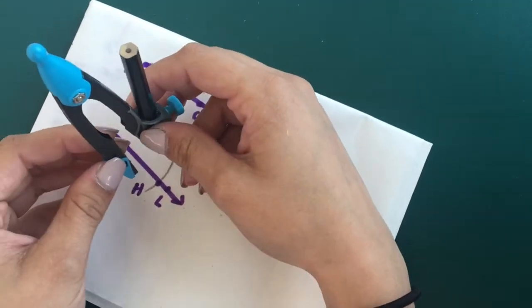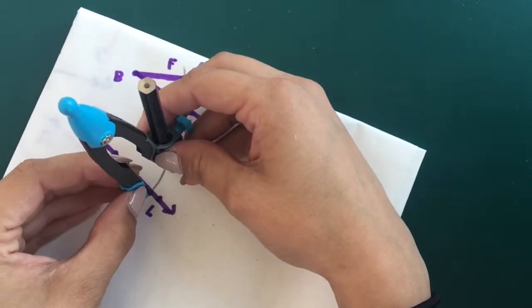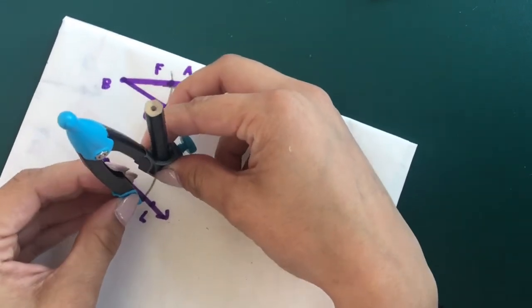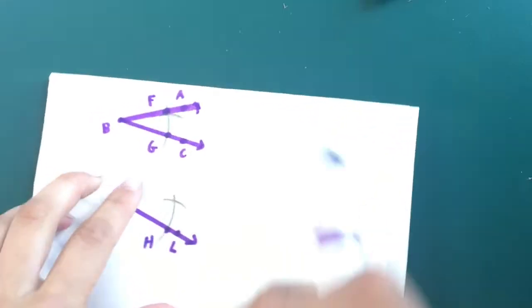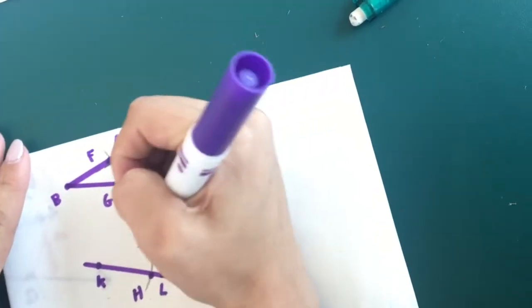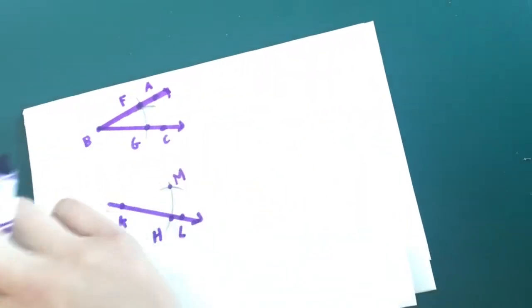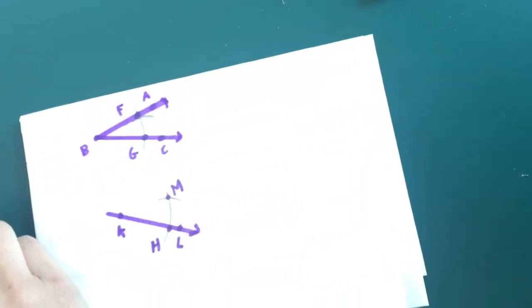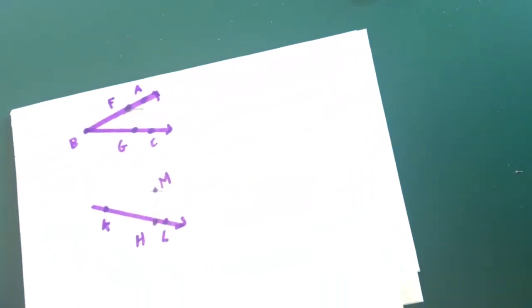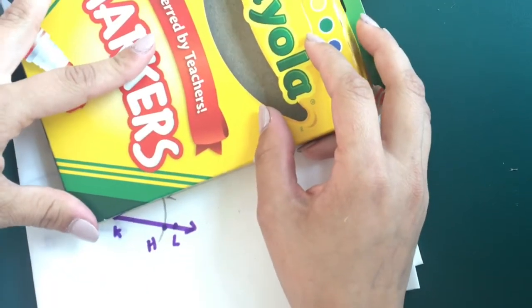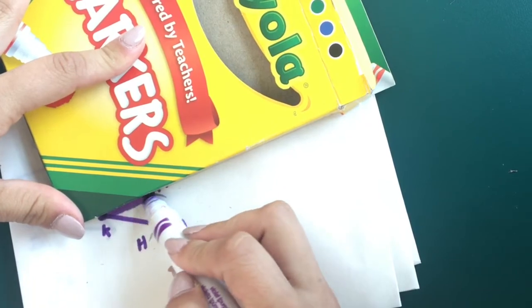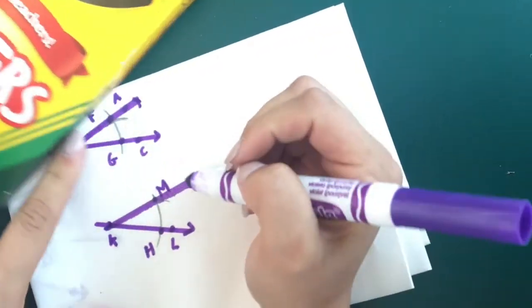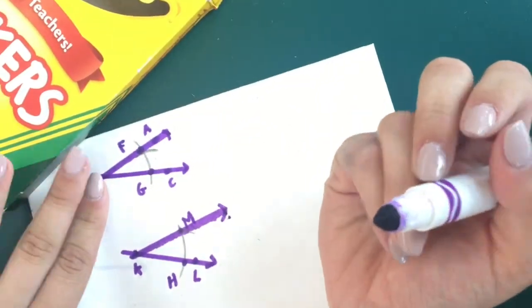Then I'm going to do the exact same thing, the exact same length of GF, draw the arc, but this time on ray KL, and make sure it's centered at H. It should intersect ray KL's previous arc. I'm going to call that point M. Then I'm going to draw ray KM, and you're all finished.